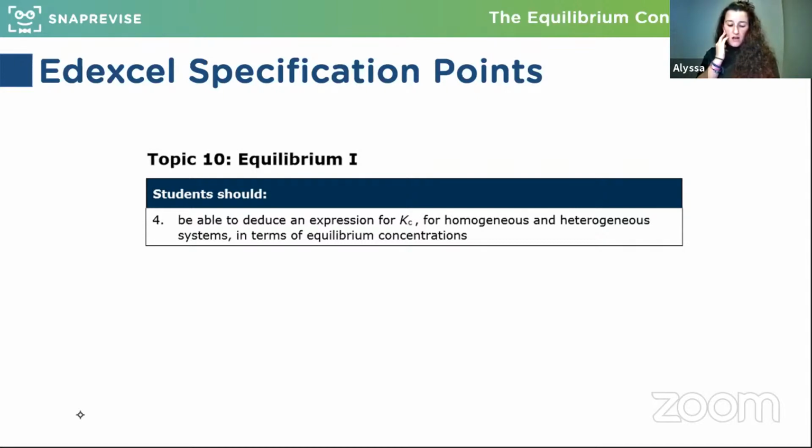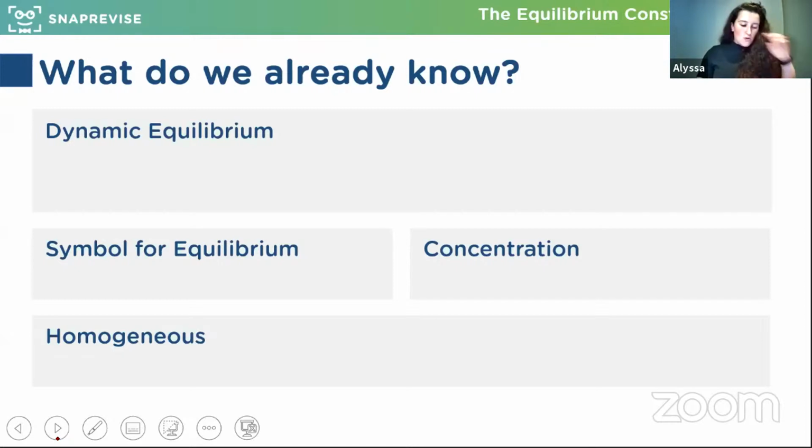We just notice here that it says heterogeneous as well, so we're not going to look at heterogeneous expressions in this session. So what do we already know? Hopefully from GCSE or from earlier in our A-level, we are aware of what a dynamic equilibrium is.